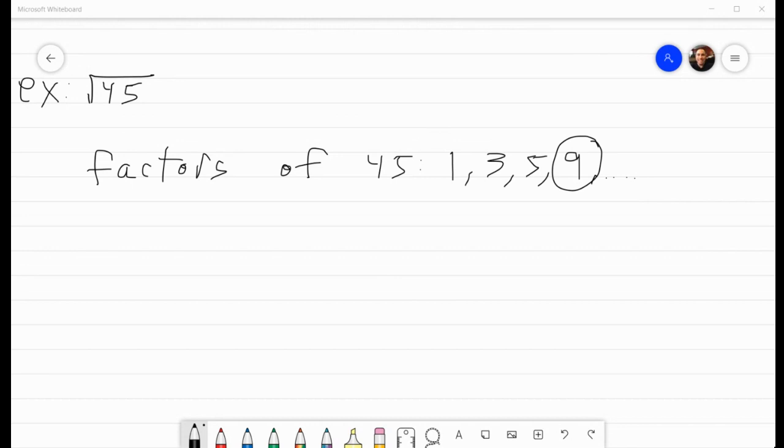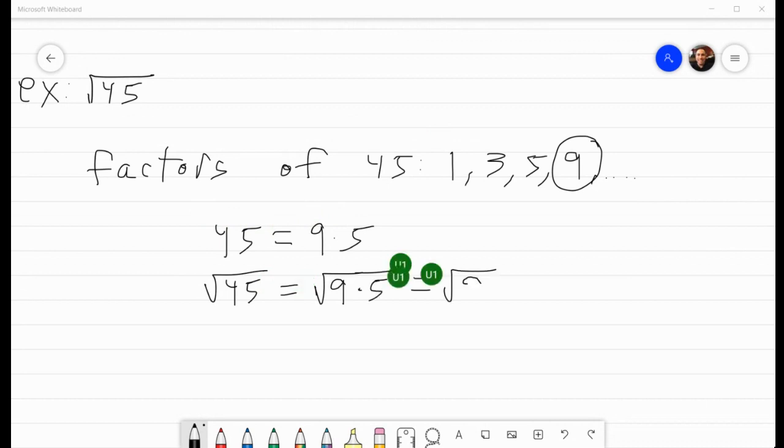Okay, let's simplify it. So we know that 45 is equal to 9 times 5. And so from there, we get the square root of 45 is the square root of 9 times 5, which of course is the square root of 9 times the square root of 5.